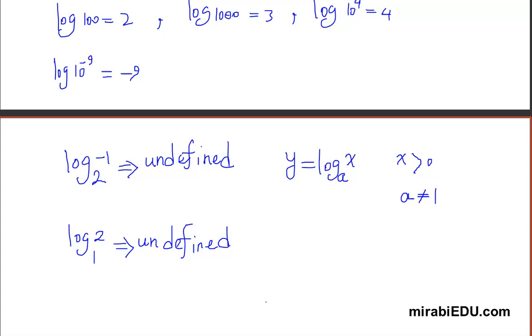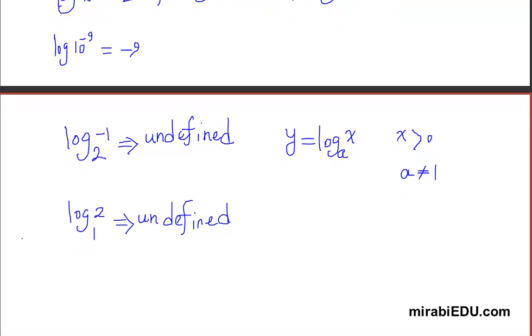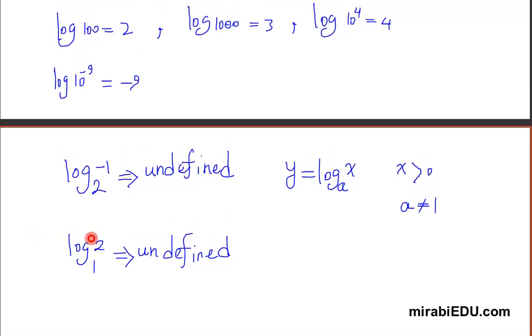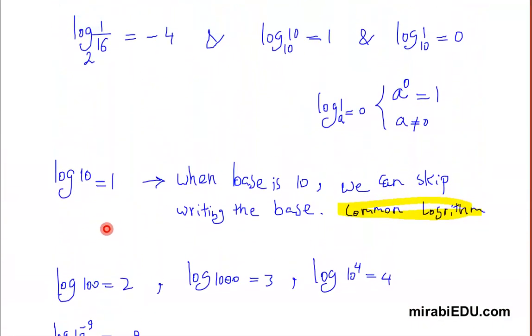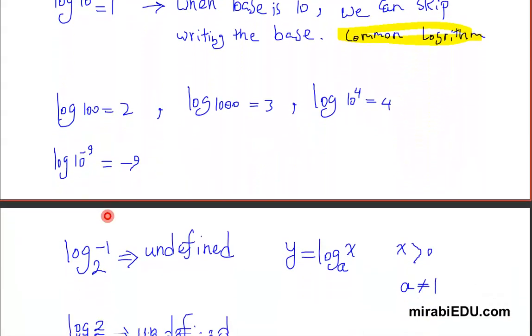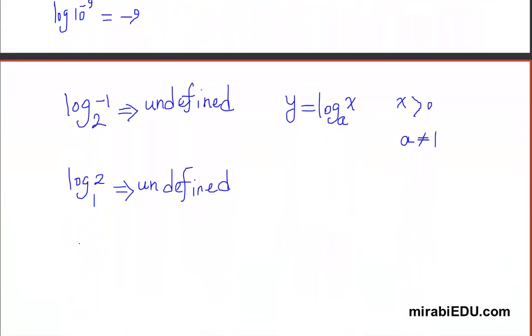Now, we know that the base of a logarithm comes as a base of a power number. For example, let me write it like this. Logarithm of x with base a is b if and only if x is equal to a to the b power.